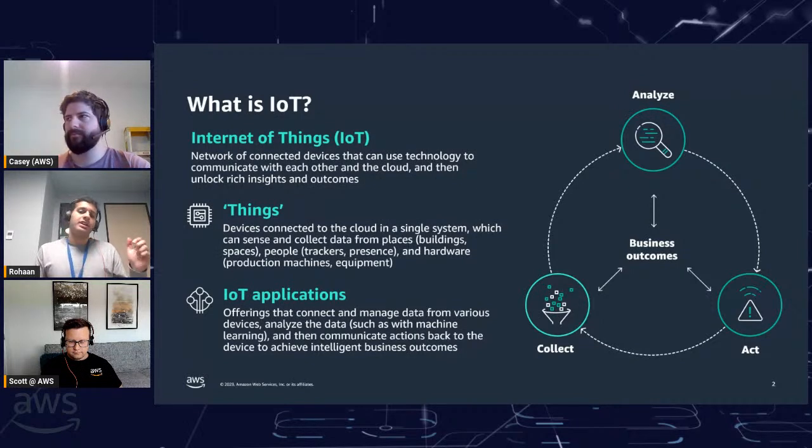Could be things like cameras, machinery, factory equipment, anything really that can collect data from the environment that we want to look at. And also applications, right? These are the things that take in that data, analyze it, and generate insights.